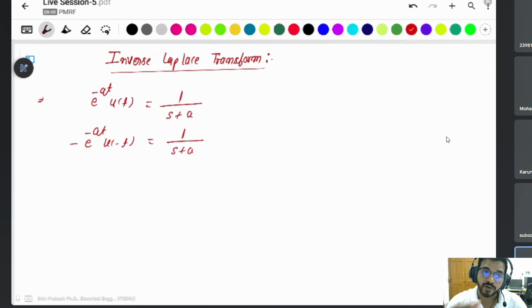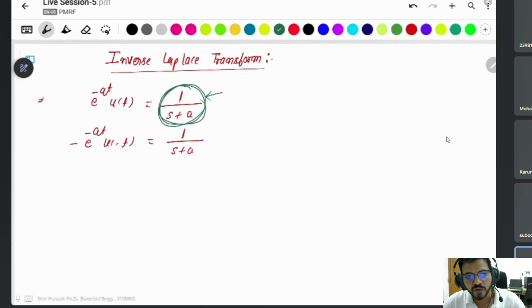If you want to take the inverse Laplace of this one, which one is the correct answer? This one or this one? You have confusion there.